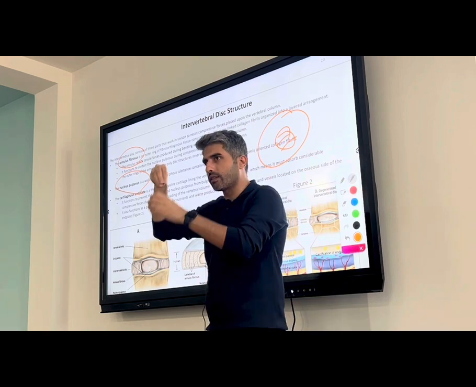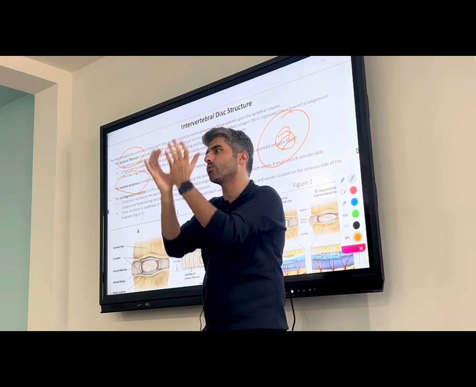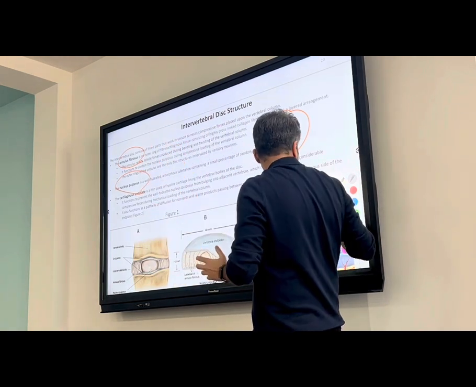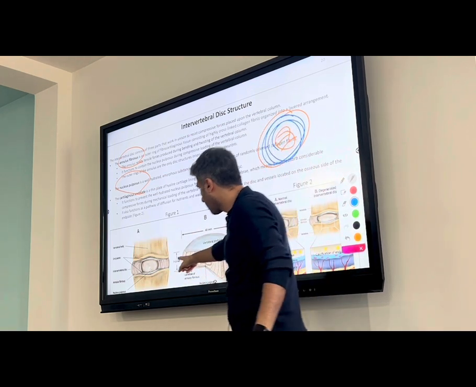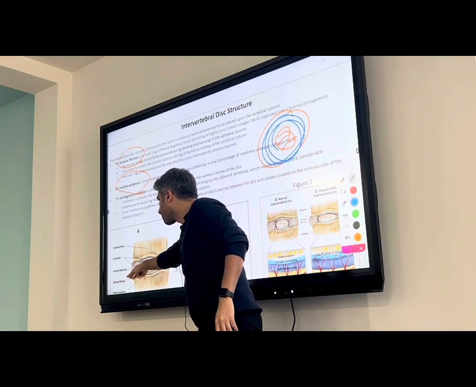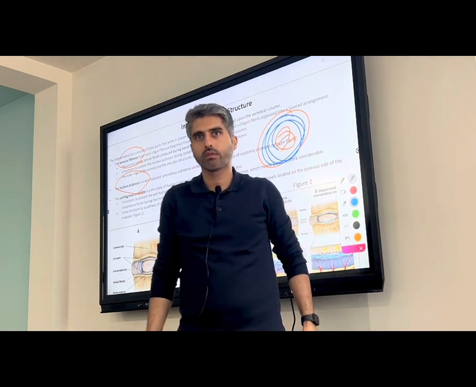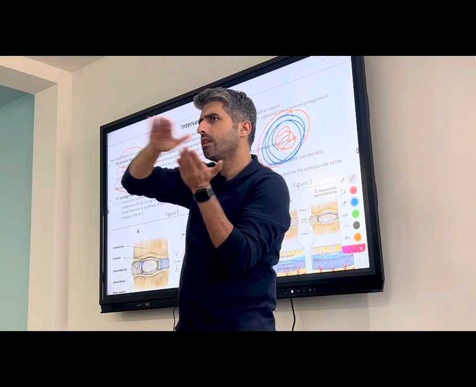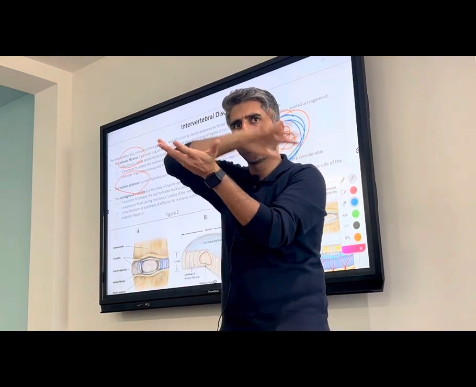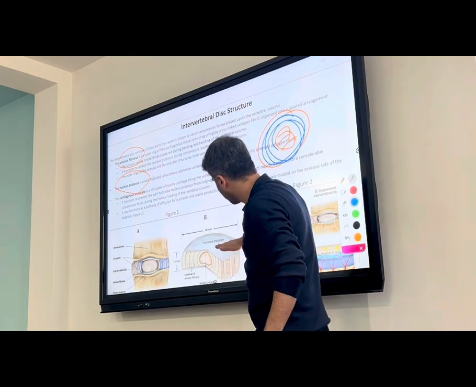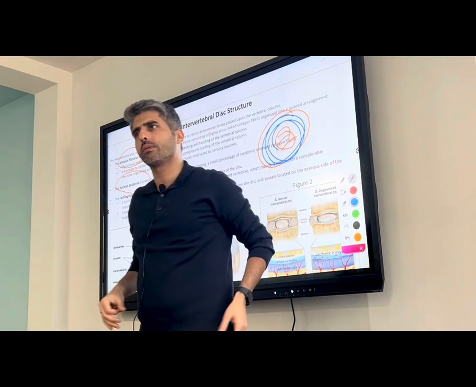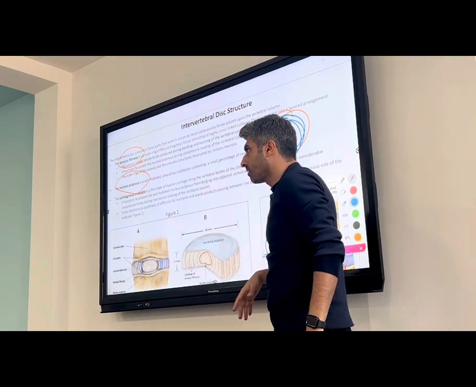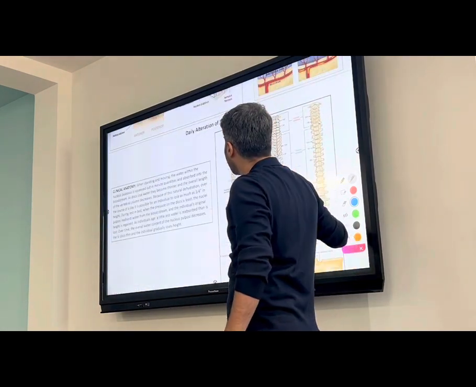The nucleus pulposus at the center is jelly, round like a ball. Around that we have the annulus fibrosus. And finally, two plates, superior and inferior, cover them. This is the shape of the intervertebral disc.